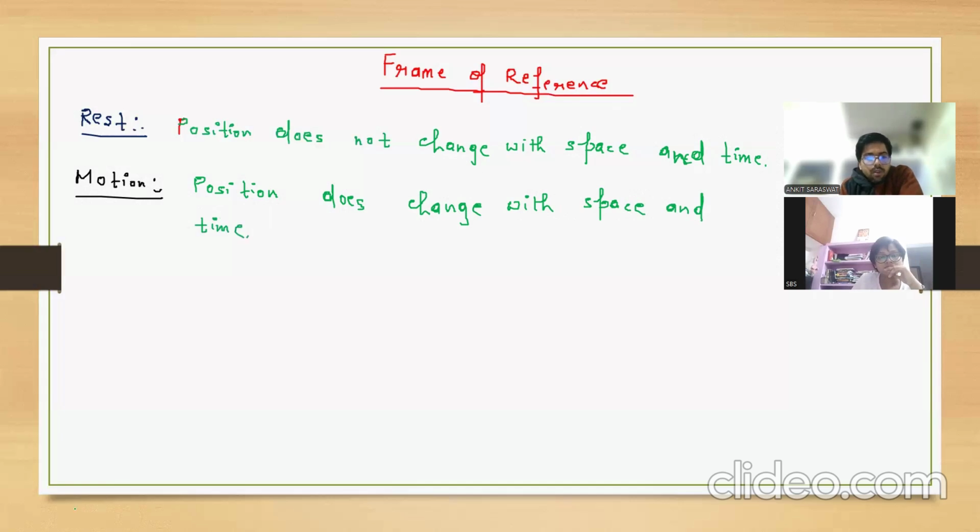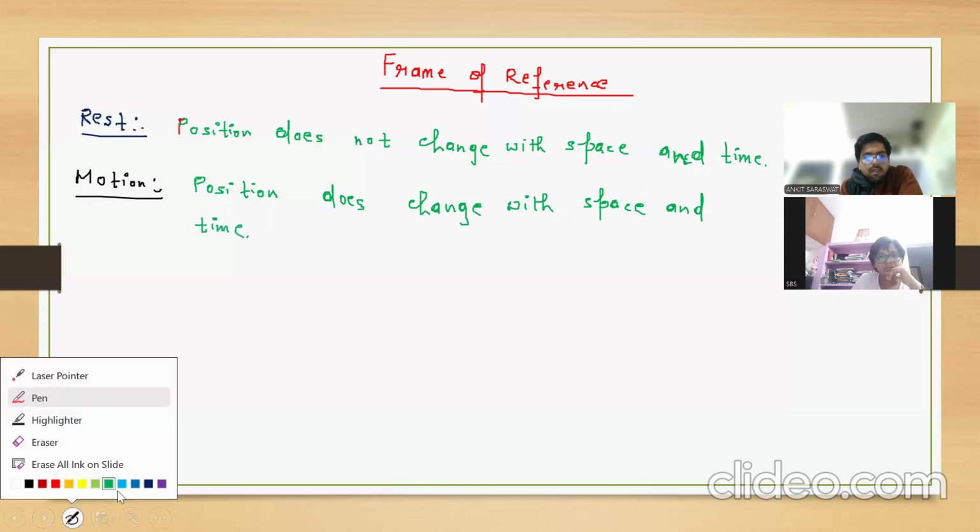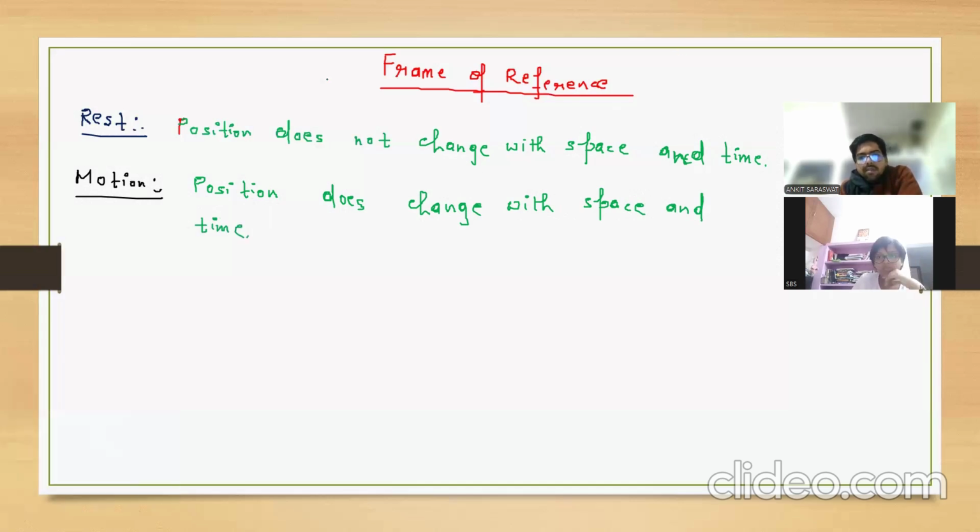Now moving to the next topic, frame of reference. This topic is really very important, so again I will highlight it. Write down: frame of reference is the name of an observer.